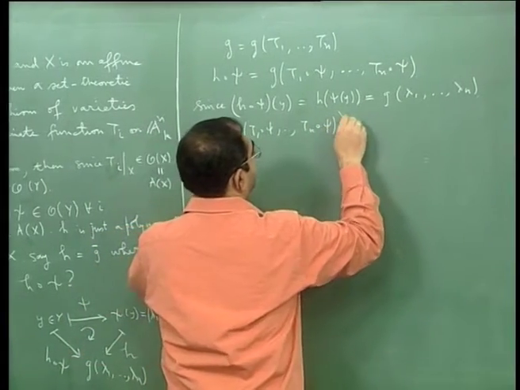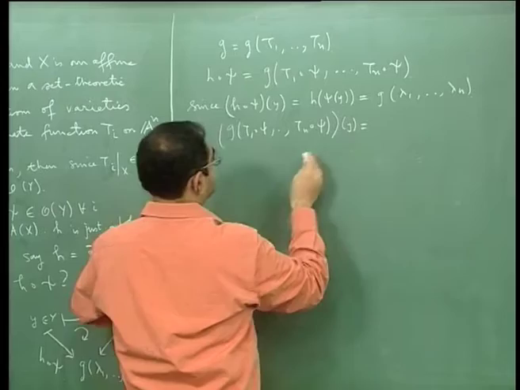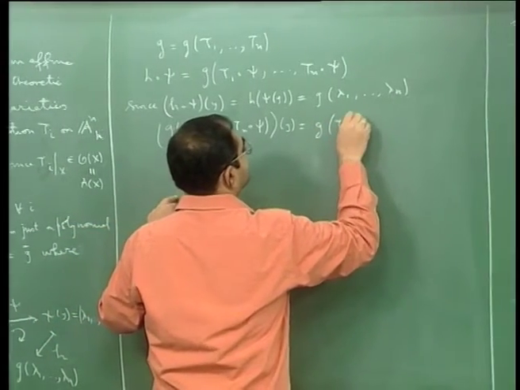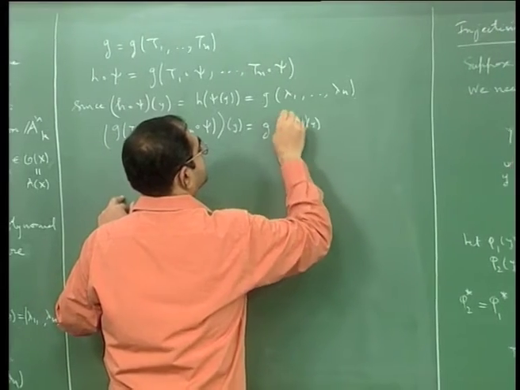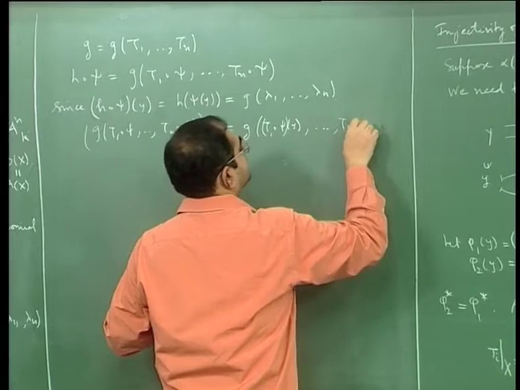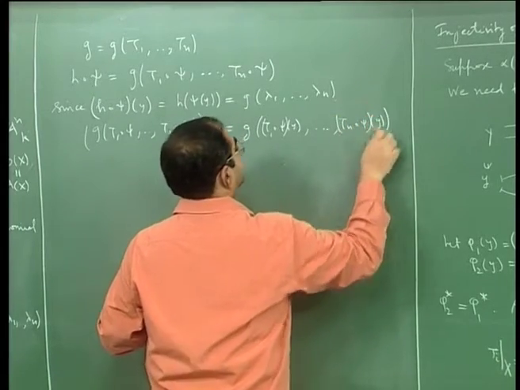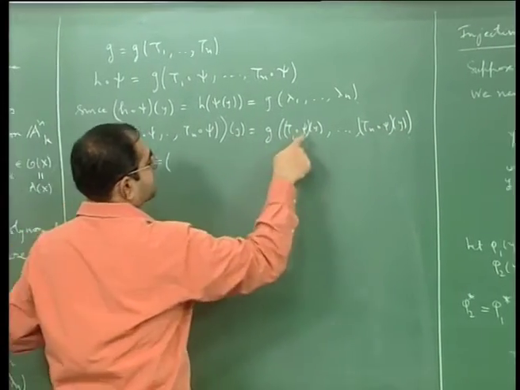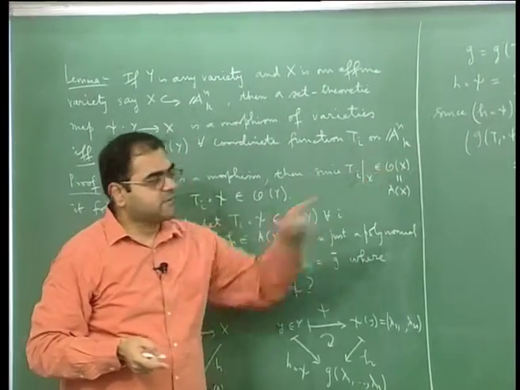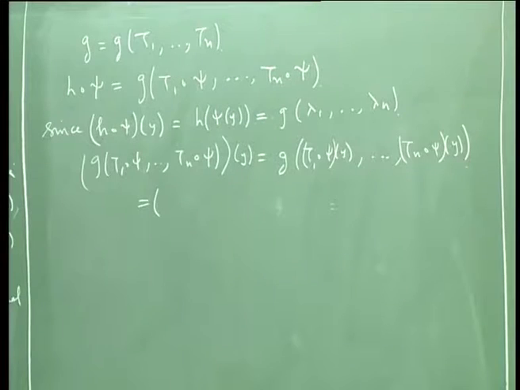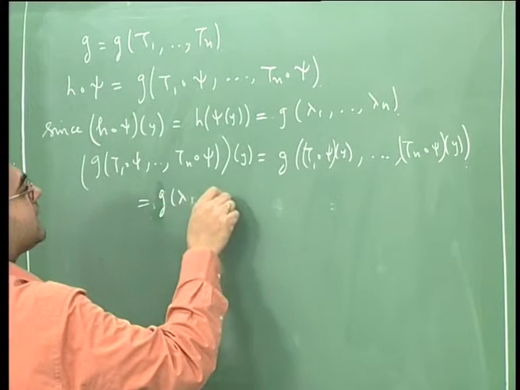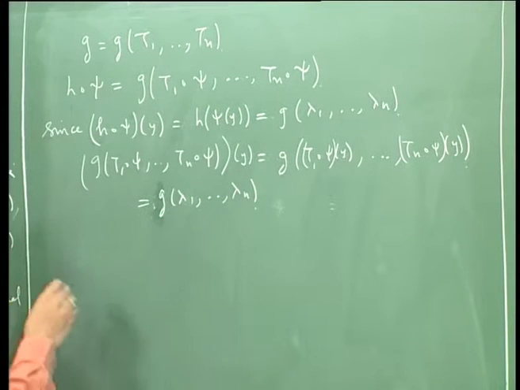evaluated at the point y is just evaluating g on T1 circle psi of y, comma dot dot dot, Tn circle psi of y, but then you see psi of y is the point lambda 1 through lambda n, and if I apply Ti to that I will get lambda i, so I will simply get g of lambda 1 etc. lambda n, okay.